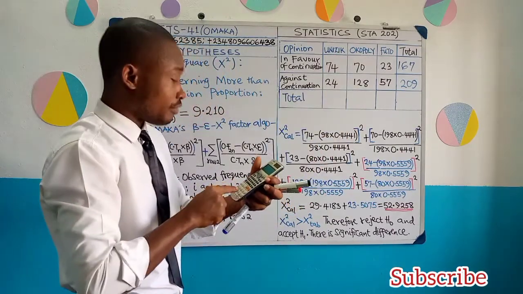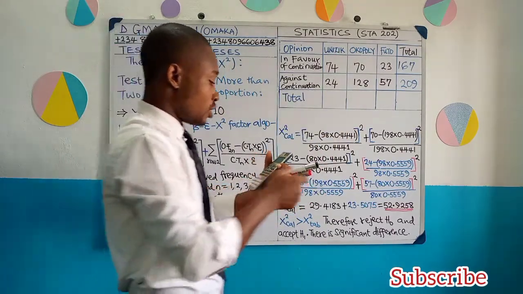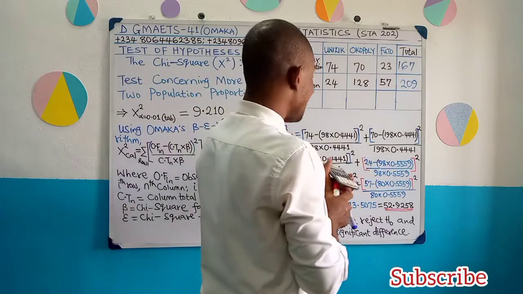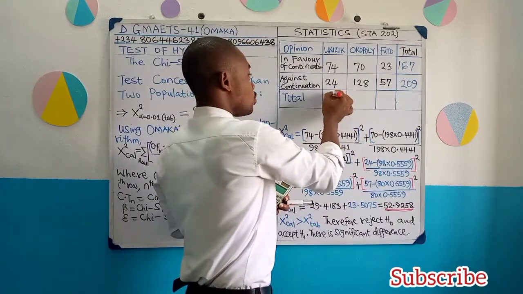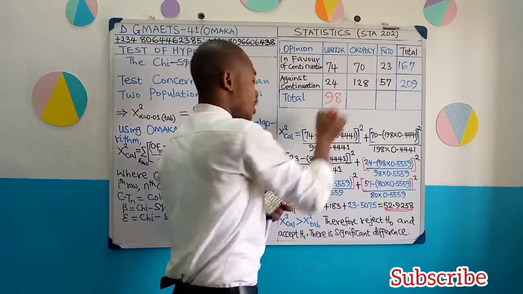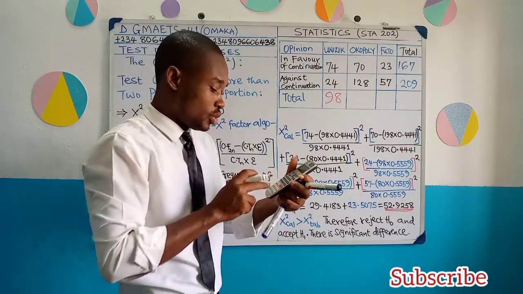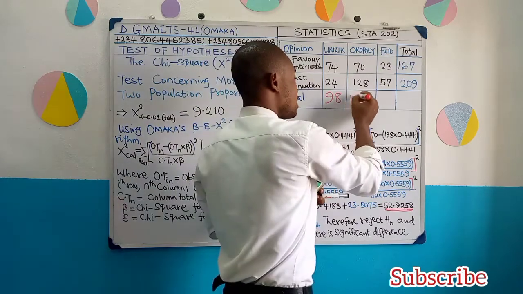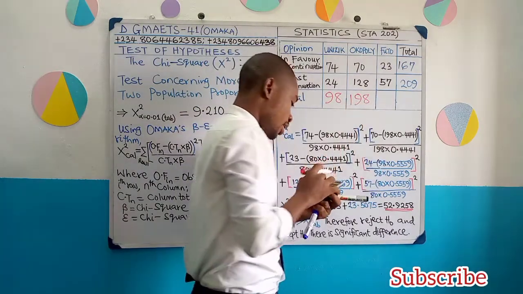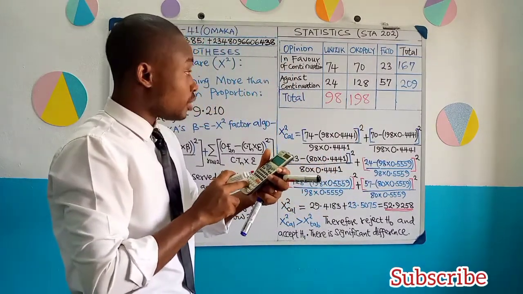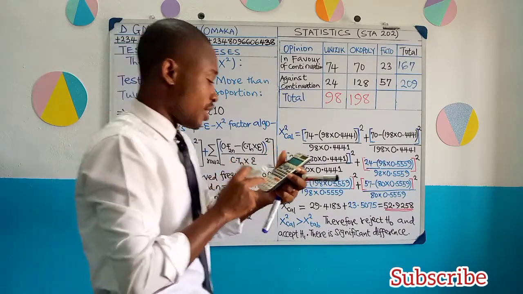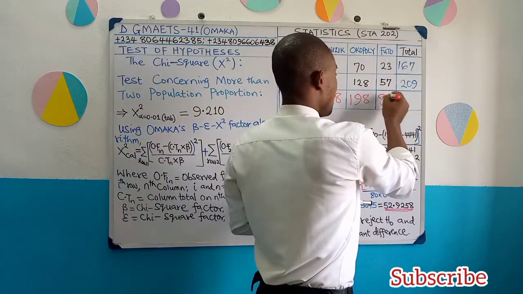So the first column, 74 plus 24, that gave 98. Permit me to use a red colored marker. 98. And then 70 plus 128, column 2. So the total there is 198. And then, of course, column 3 is 23 plus 57. The column total is 80.